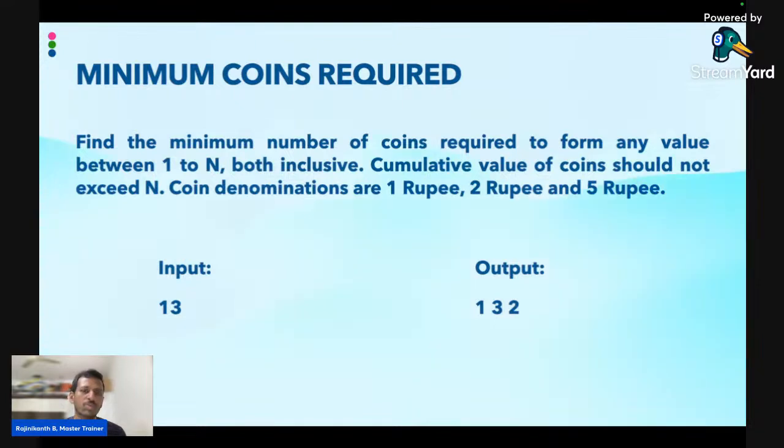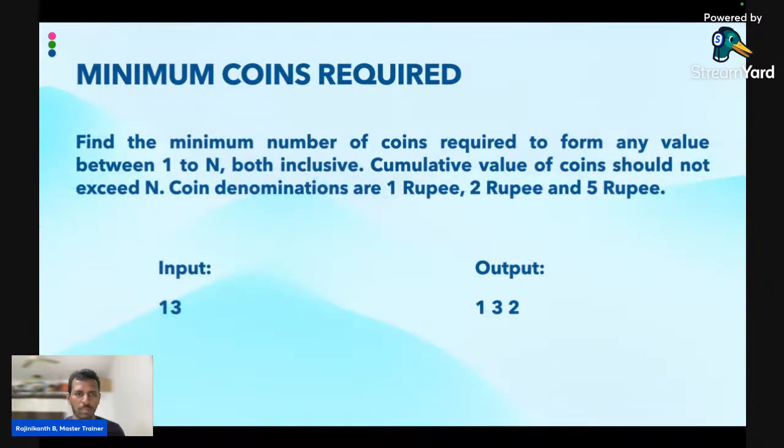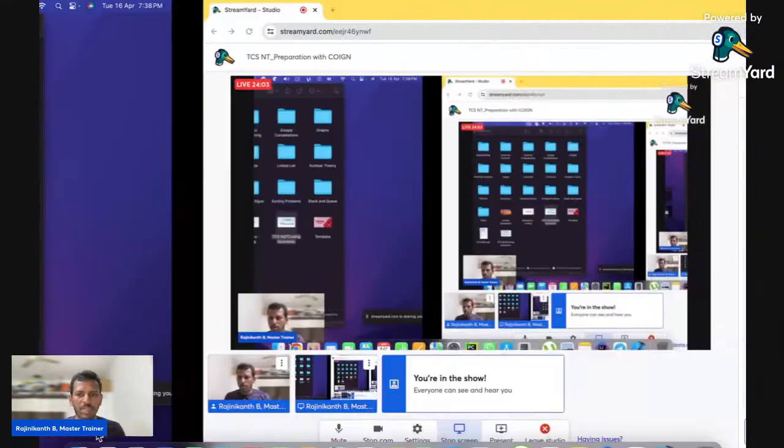And we need to find the minimum number of coins required to form any value between 1 to n. I hope the problem statement is clear.